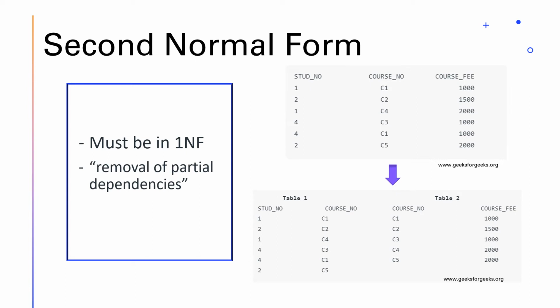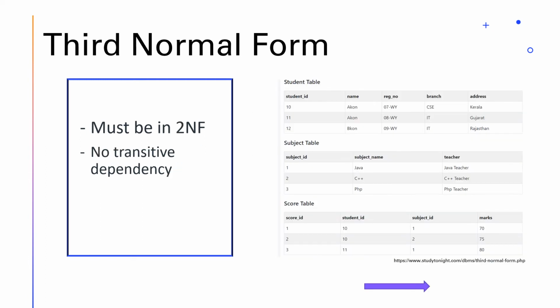To convert the above relation to second normal form, we need to split the table into 2 tables, such as Table 1 and Table 2. You can see here that we have split them with student number and course number, and then course number and course fee. Third normal form must be in second normal form and have no transitive dependency.